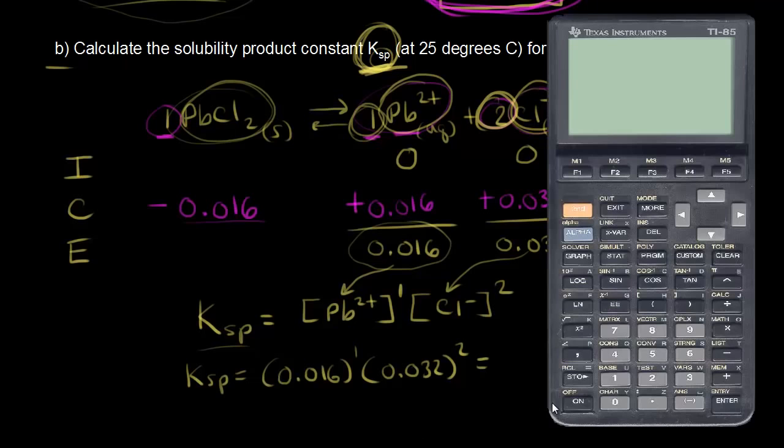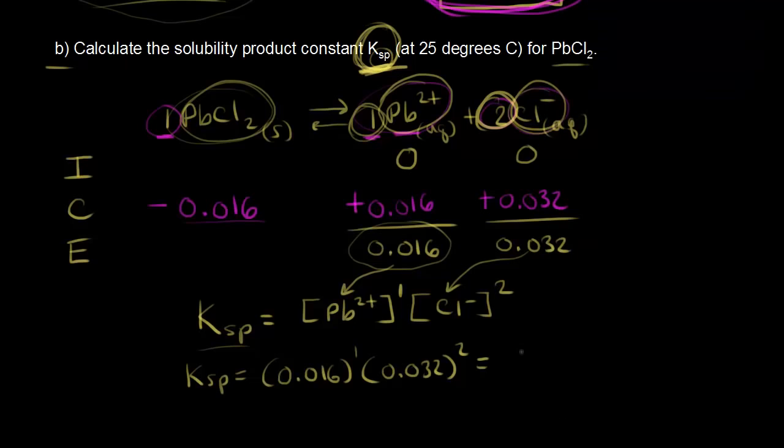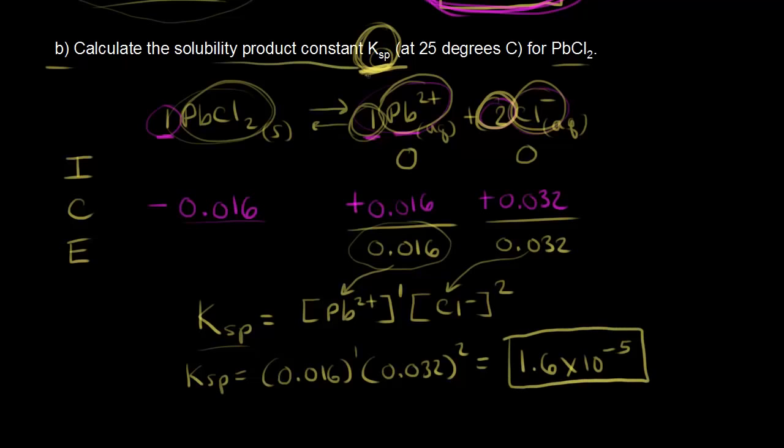So we can take out the calculator and go ahead and do this. 0.032 squared times 0.016 gives us 1.6 times 10 to the negative 5. So that is the solubility product constant, KSP, of lead 2 chloride at 25 degrees Celsius.